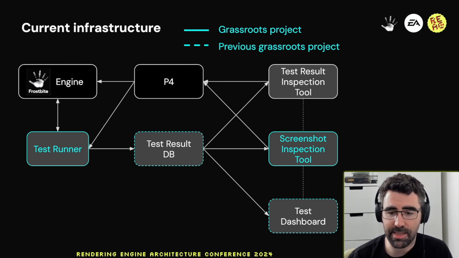So for example, the current dashboard that we have is a team has built that dashboard, but it's replacing a previous dashboard that was built by a single engineer because they were fed up with the state of things. And the same thing with the test result database. Now we have a fully staffed team that is building a new thing, but the previous one was just a couple of engineers that decided to go in and do it.